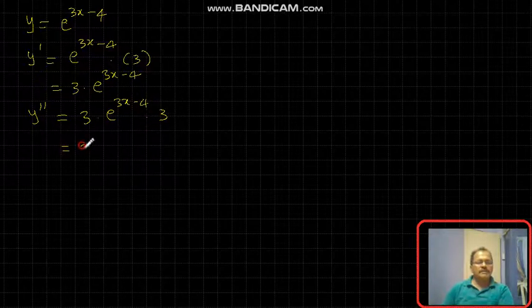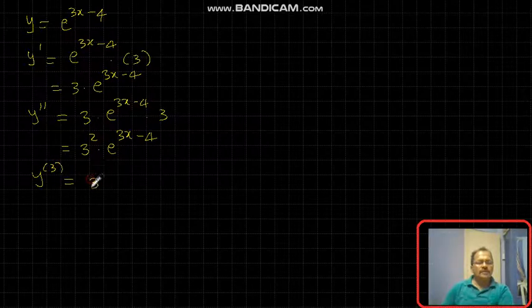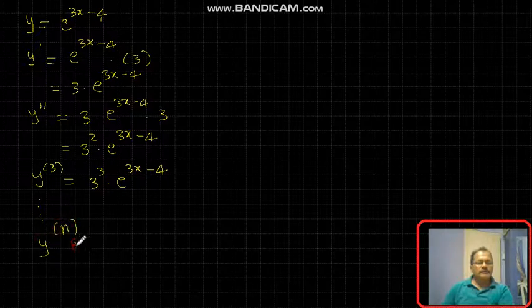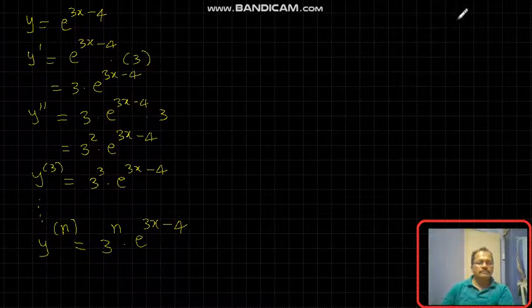So it is 3 square into e raised to 3x minus 4. Similarly, the third derivative is 3 cube into e raised to 3x minus 4. Continuing in this way, the nth derivative is 3 raised to n into e raised to 3x minus 4.